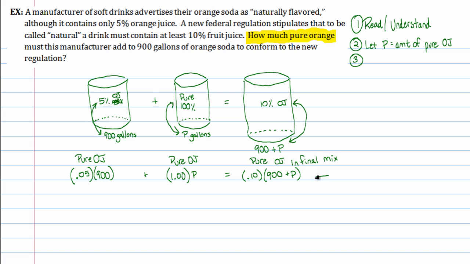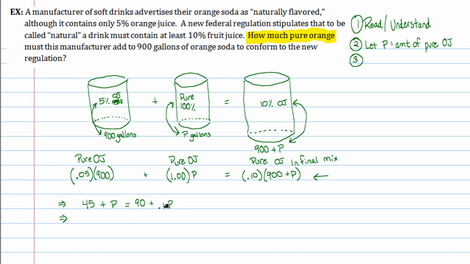And if you look at this equation, I can now zoom in on that and do my mathematics without worrying about the rest of the words. So 0.05 times 900 is 45 plus P, that's just 1 times P. And over here, 10% of 900 is 90 plus 0.1P.